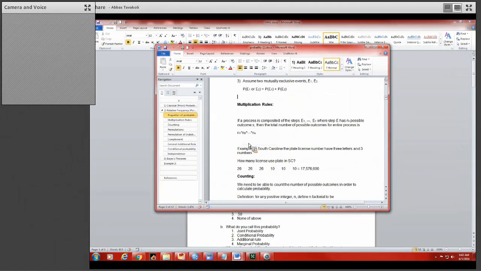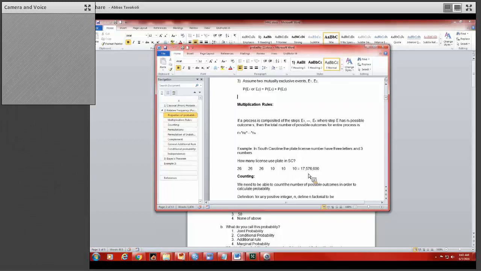So basically, the example you have, we look at three letters and three numbers. So the event one, the possible letter is 26 times 26 times 26 because we have three letters. And then 0 to 9 is 10 digits. We have three numbers, 10 times 10 times 10.